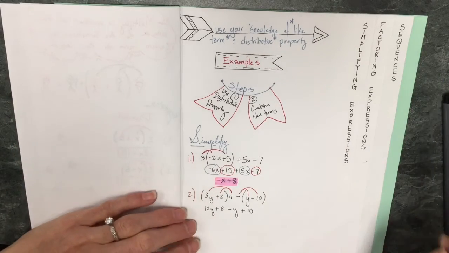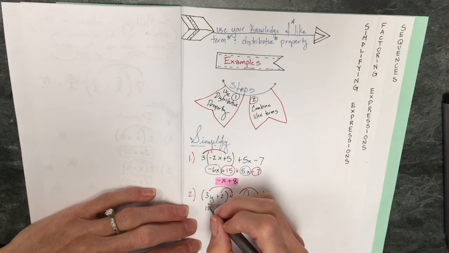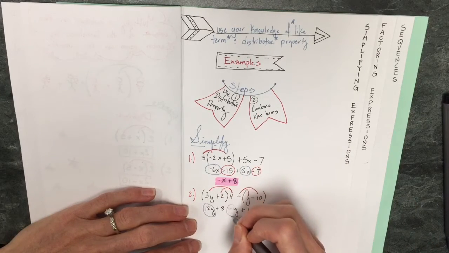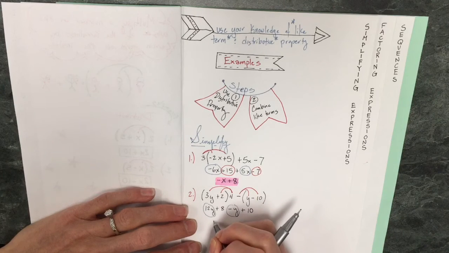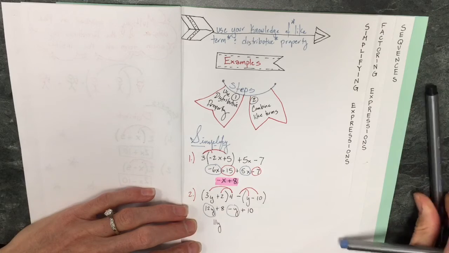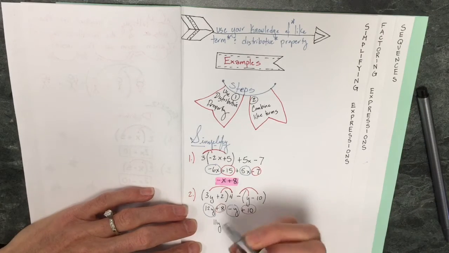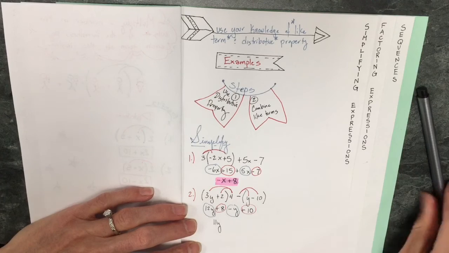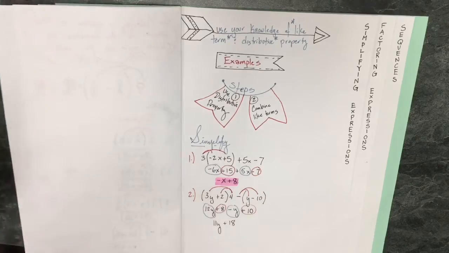Okay, so now we have done all our distributing. We're going to combine like terms. So I'm going to take our 12y and our -y, and that's different signs subtract. So you get 11y. And then our constants, 8 and 10, both positive, so you just add them together. And that's plus 18. And that's as simple as we can make it.